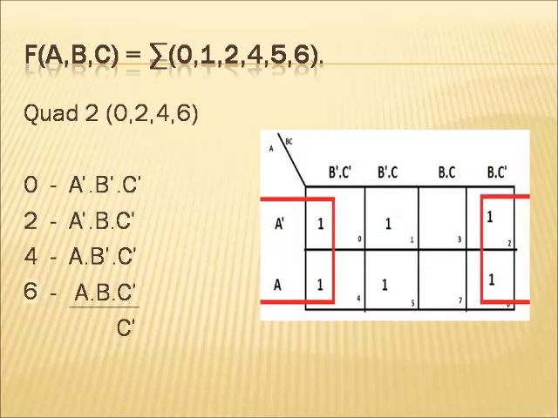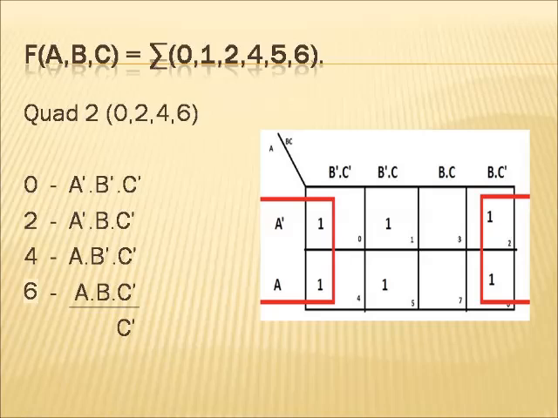Okay, now it is our second group. The second group contains cells 0, 2, 4 and 6. Here also I am listing the variable equivalents of 0, 2, 4 and 6, and picking the unchanged variable.